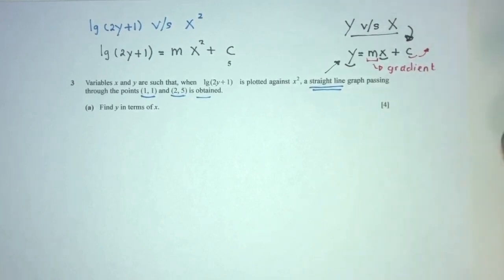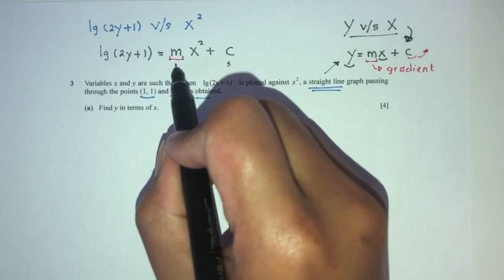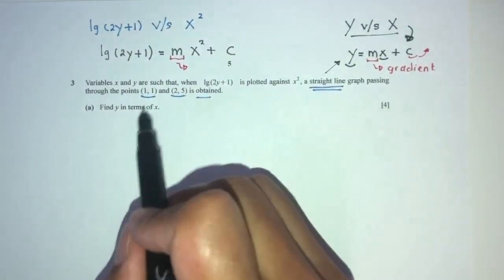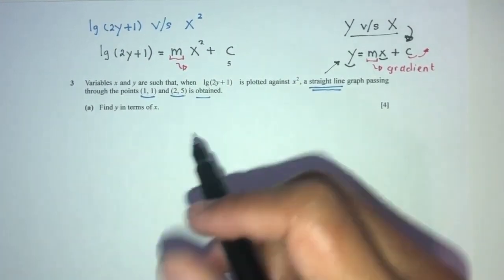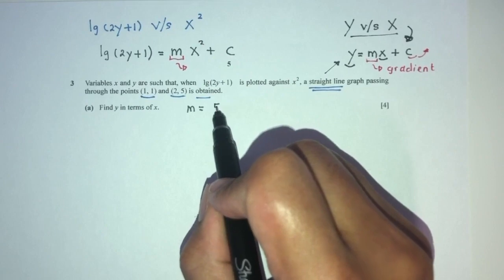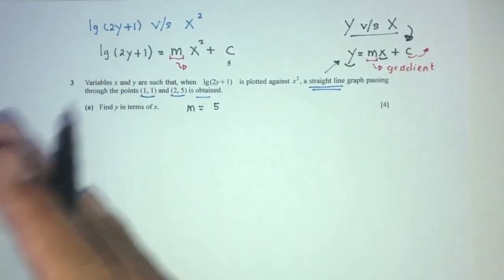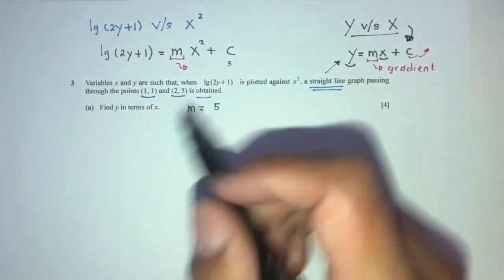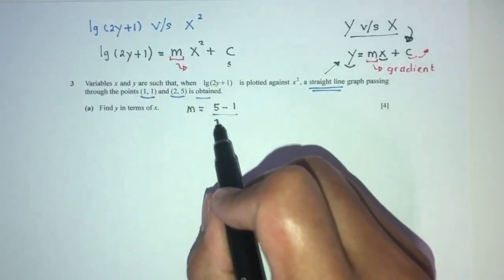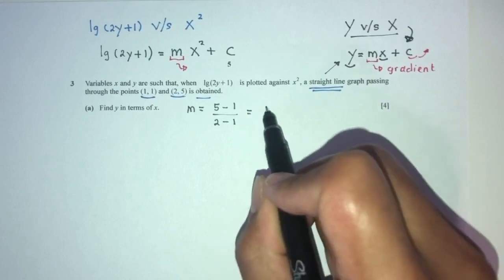So same logic here as well. m is also the gradient of the straight line. So let's find that. Since we have 2 passing points, we can find the gradient. So the gradient m is equal to y2 minus y1 over x2 minus x1. Same concept. 5 minus 1 over 2 minus 1. That will be the value of 4.